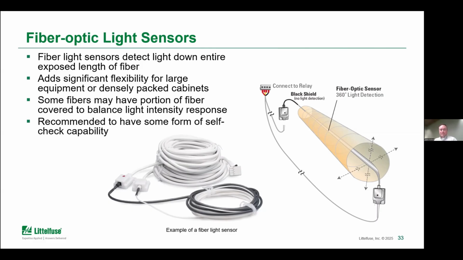So that could be 10 meters, 20 meters, or even longer with one single sensor. So that also provides benefits if you have cabinets that are very tightly, very densely packed. Taking a fiber and routing it through different parts of the equipment can allow you to cover a large area with only one sensor. And again, some form of self-check is recommended when you're looking at these fiber sensors, just so that you can make sure that there's no damage or cut in that fiber as well.